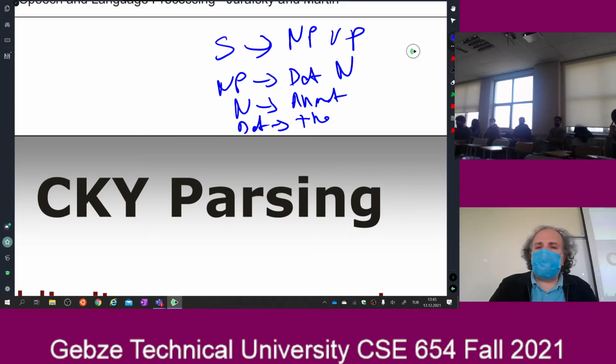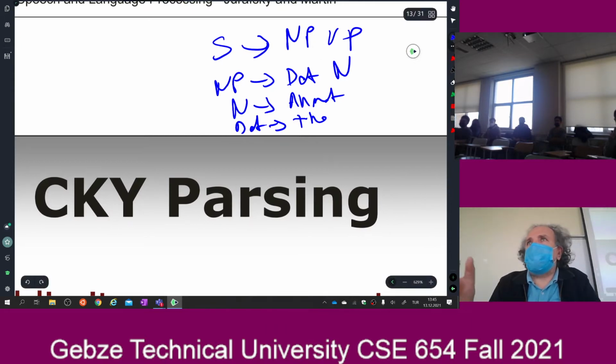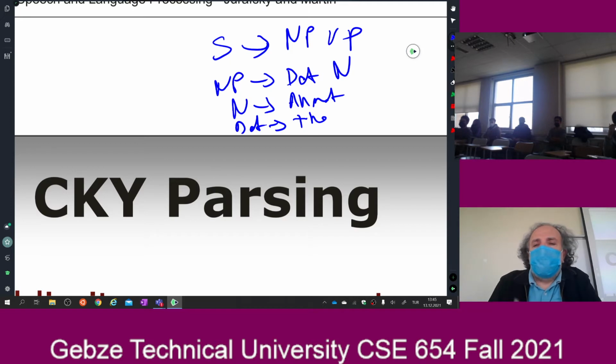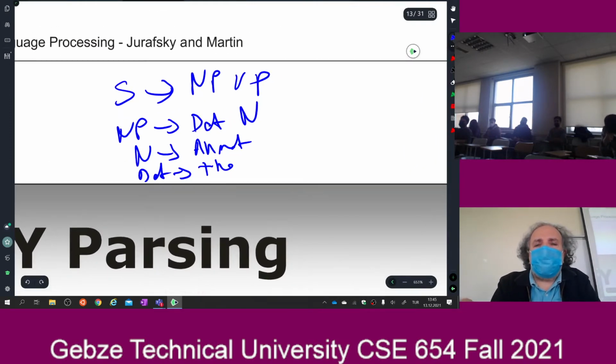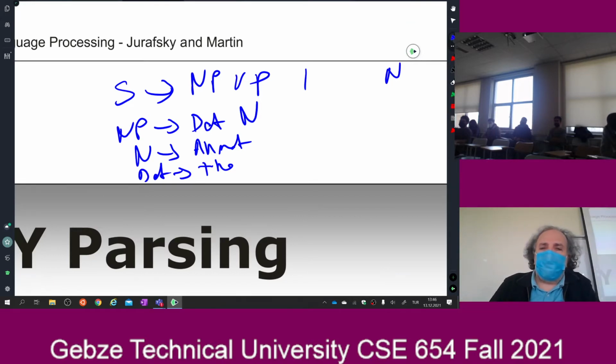So let's go back to this idea of dividing a sentence, or giving a constituency, in two parts. We will make a search. Let's say I have elements from element number 1 to element number n in a given sentence, so there are n words.